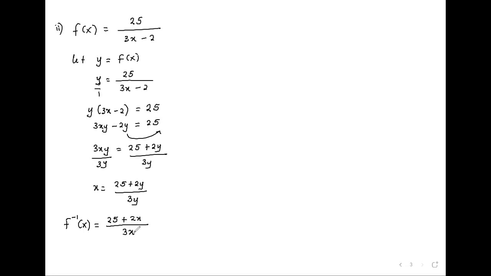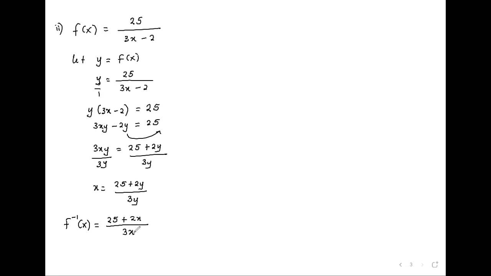Once you get x, you replace x by f inverse of x, and then you replace y by x. So this is a bit easy. Every one of us must be able to get that one.